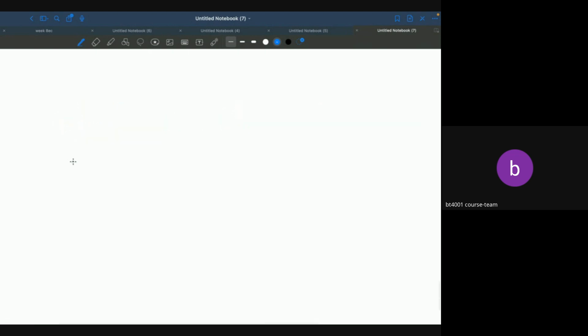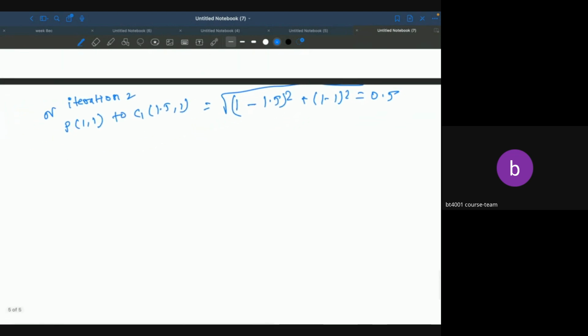Then P(1,1) to C2 (4.5, 3.5). So it will be root of (1 minus 4.5) square plus (1 minus 3.5) square.